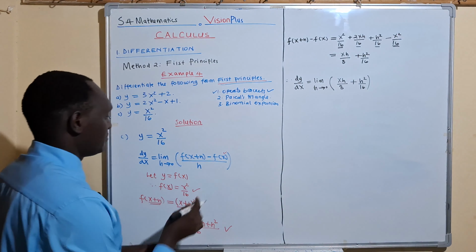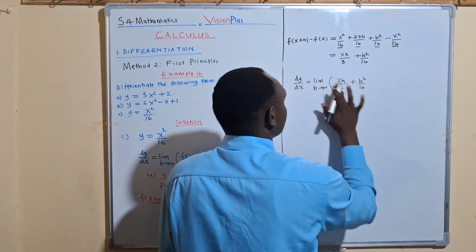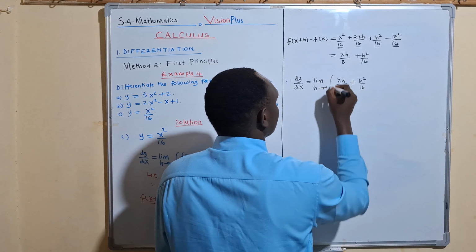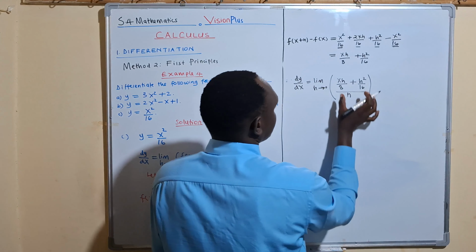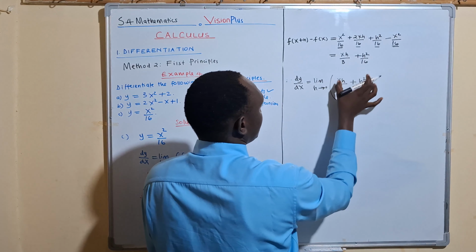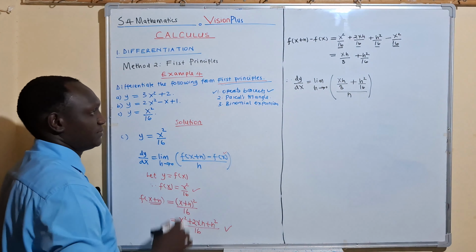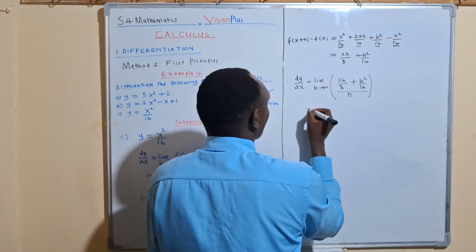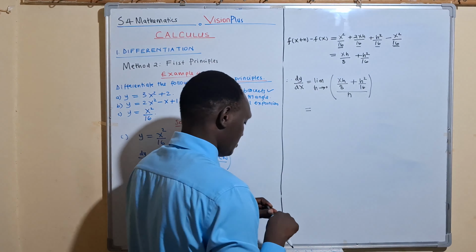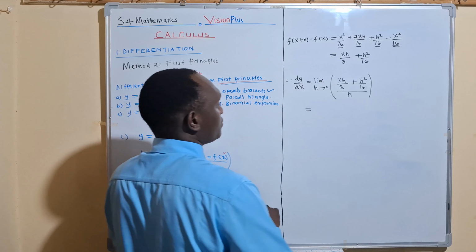That is the difference, but we are saying over h, because the numerator is the difference, but the formula says divide the difference by h. So we look at that now. This means that we need to divide all the terms by h.